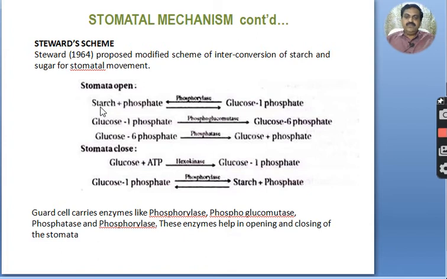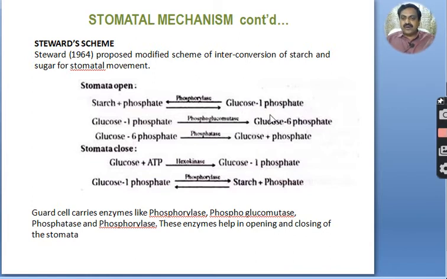First reaction: starch which is present in the guard cell reacts with phosphate or inorganic phosphorus in presence of the enzyme phosphorylase. It is a reversible reaction where the phosphate group gets attached to the first carbon atom of the starch, and starch gets converted into glucose sugar, so it becomes glucose 1 phosphate.